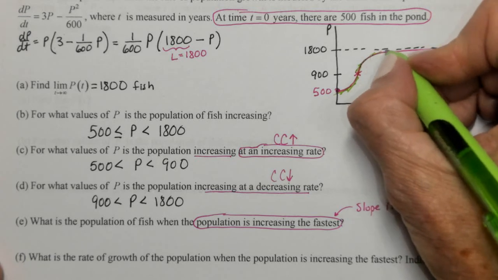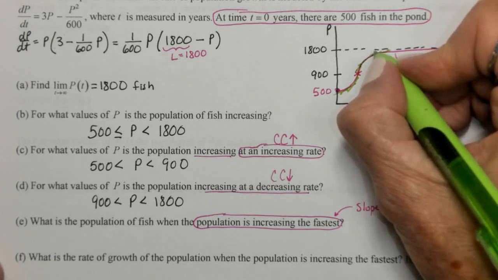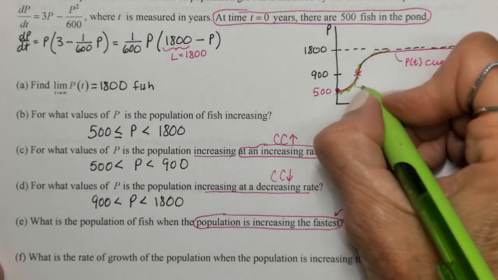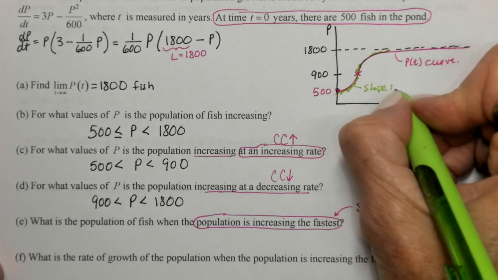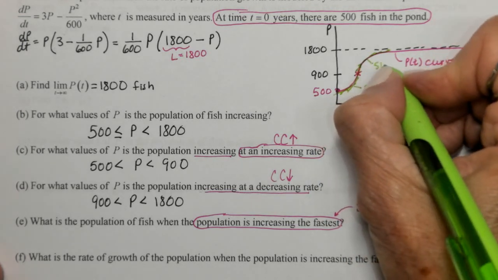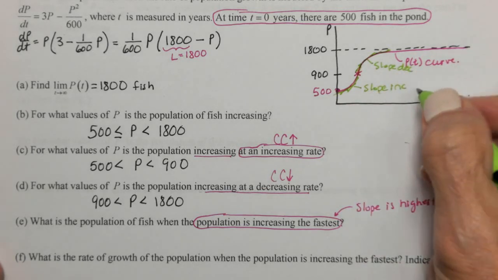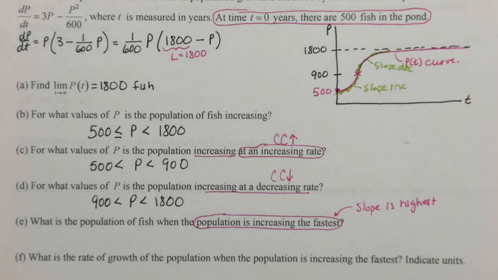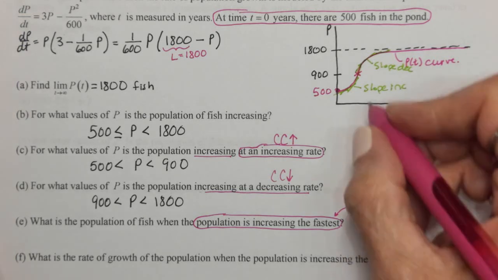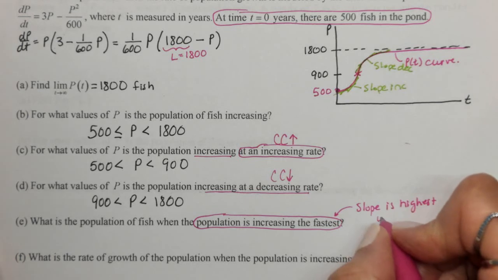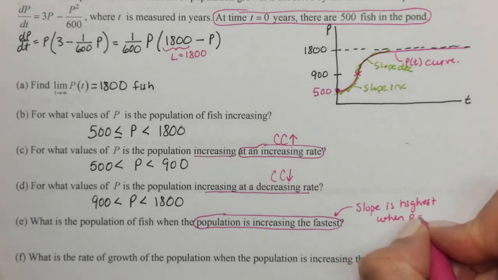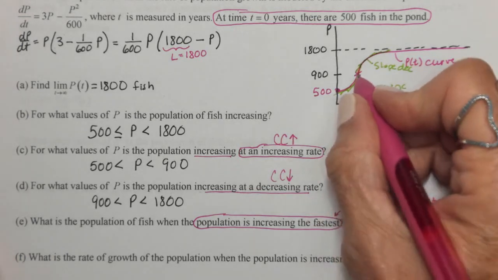Well, the slope now is decreasing. Here the slope is increasing. Here the slope is decreasing. The slope is still positive. It's just increasing and then decreasing. So it's highest when the population is right here at 900.